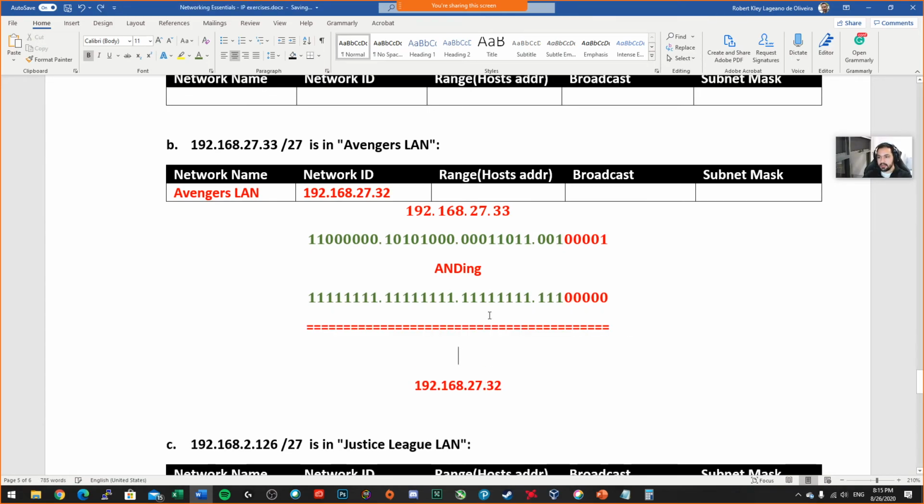I'm going to put it in the bottom. It's going to be easy. So let's do the calculation before putting the decimal format. All these ones are telling you keep the values, correct? So you keep the values. 1 times 1 is 1, 1 times 1 is 1, 0 times anything is 0.